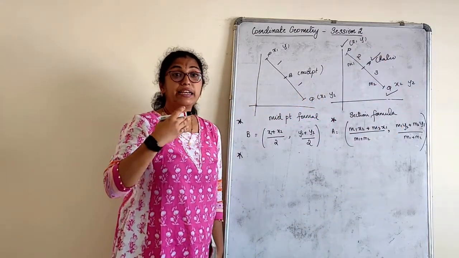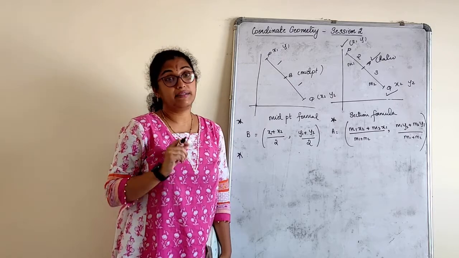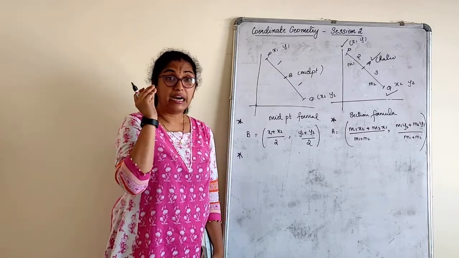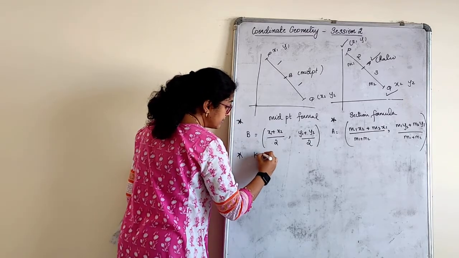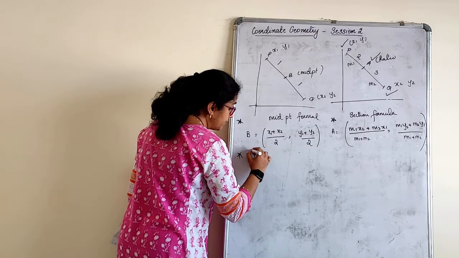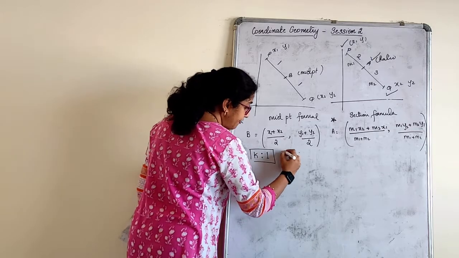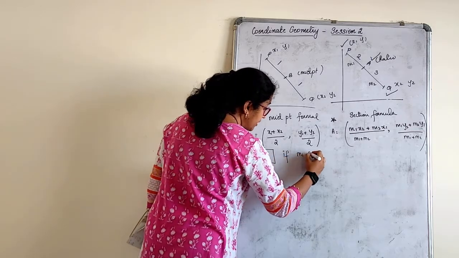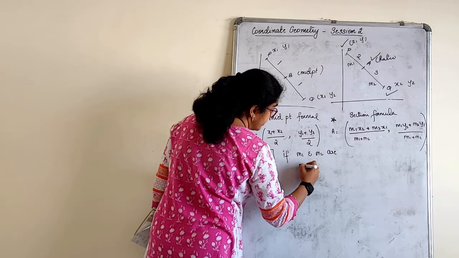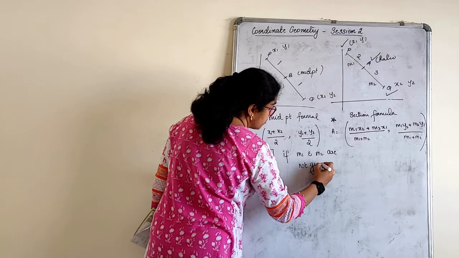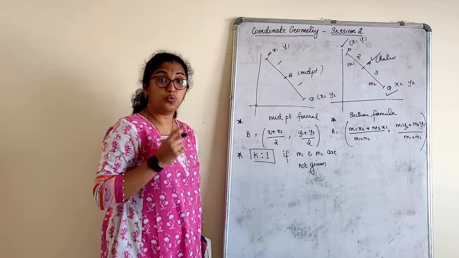We need to find in what ratio they are dividing. Suppose the ratio is unknown, the ratio is always considered as k:1, if m1 and m2 are not given. Remember this concept very well.